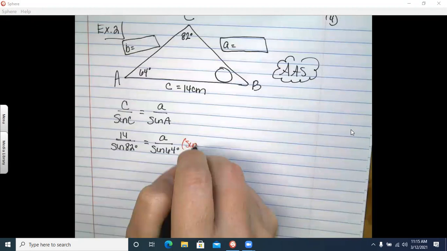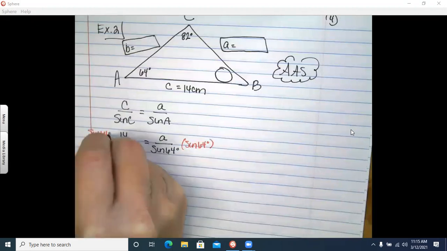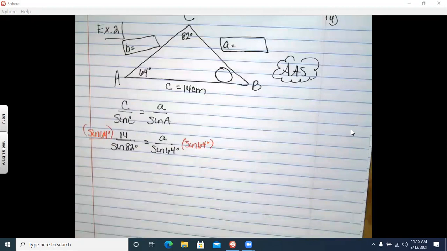Remember, that's in the numerator. So y'all put that in your calculator. At home, y'all should be putting that in your calculator too, to make sure you're getting the same thing we are. You know how to enter it into your calculator.